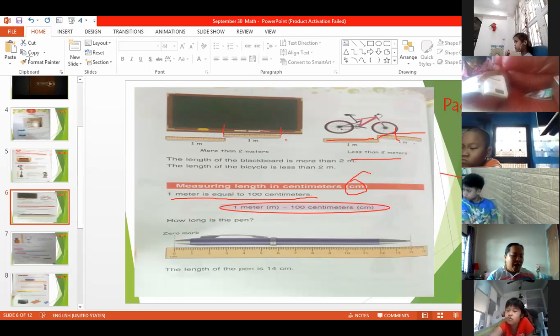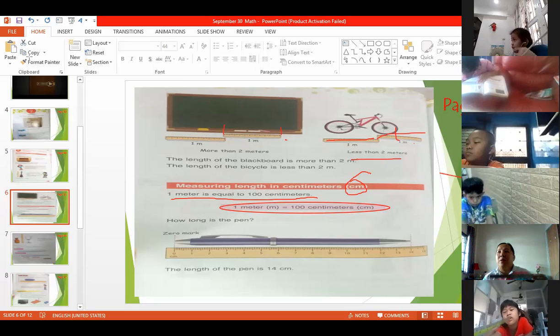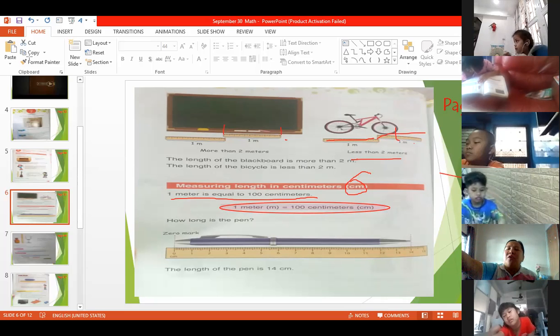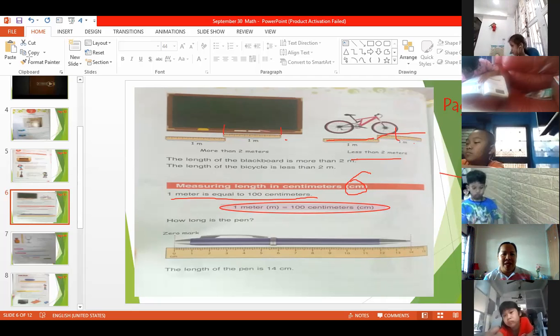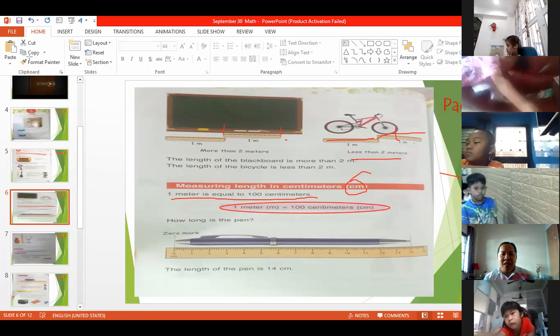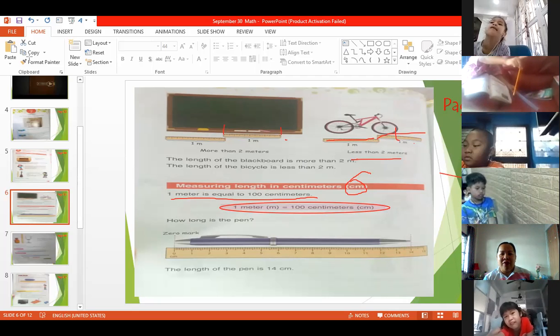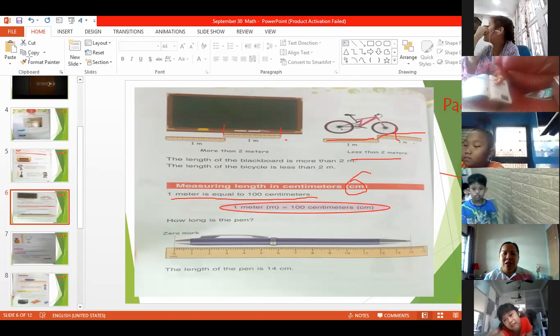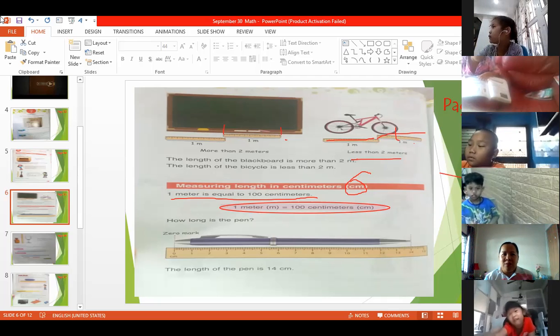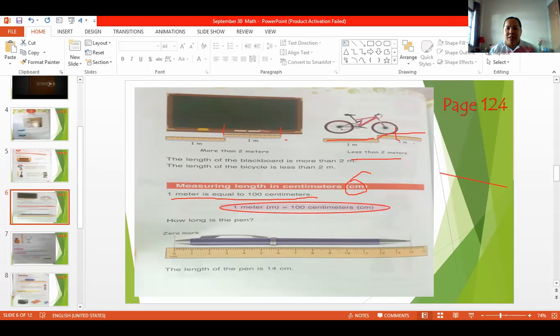Okay, now let's try to find out. I will see if you know how to measure centimeters. Get your pencil. Can you show me your pencil? Okay, very good. So just try to measure. Look at the book first. I will explain how you can measure it. How can you measure your pencil?